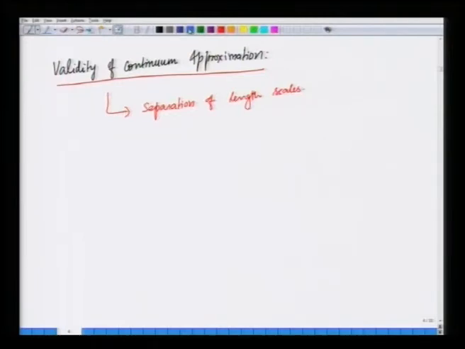If you take a point and construct a cube of size delta L, the volume is proportional to delta L cubed.